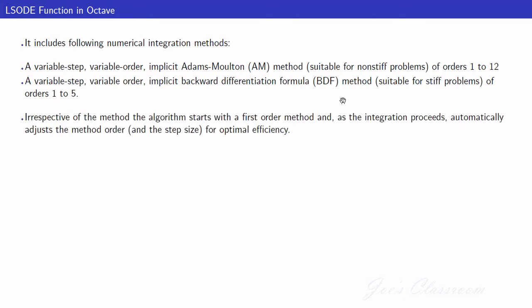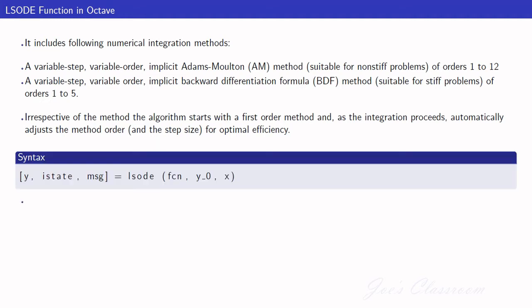However, when the algorithm starts, the first order method is used. As the integration proceeds further, the order of the method is adjusted by the algorithm itself for optimal efficiency. Not only the order of the method, but the step size is also varied for optimal performance. Let us see the syntax of the lsode function.